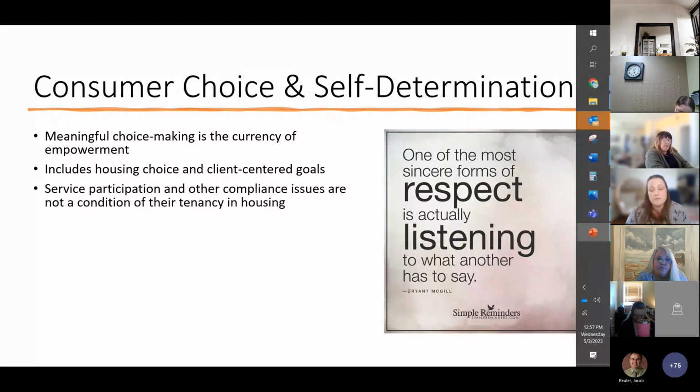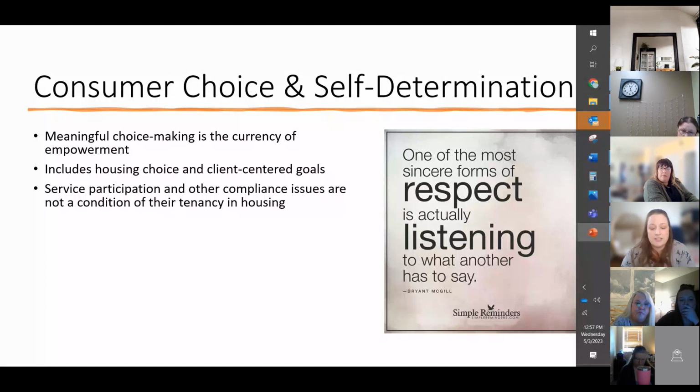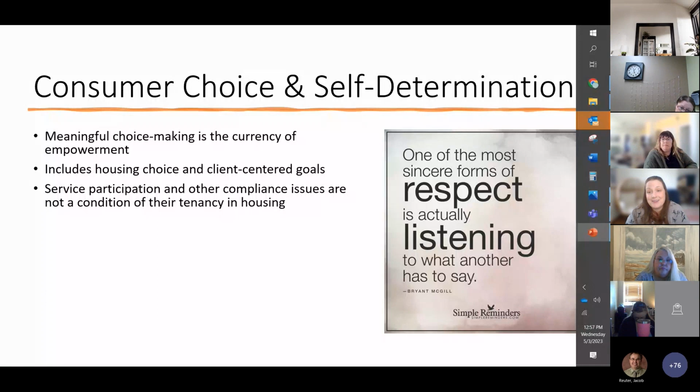We don't promise perfect tenants. We don't believe there are any perfect tenants, regardless if they've been homeless or not, but we do promise perfect responsiveness. So we talk to landlords about how we're going to respond when there are issues.